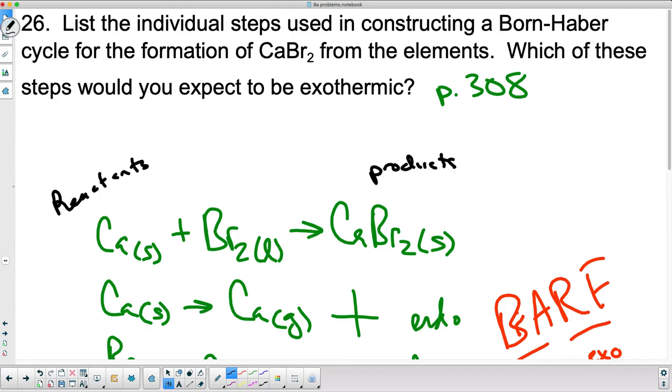Often in science we show you the quick, easy version, but that doesn't explain everything. So here's the actual step-by-step process of changing calcium into something that can combine with bromine so that we can form the products on the right-hand side.